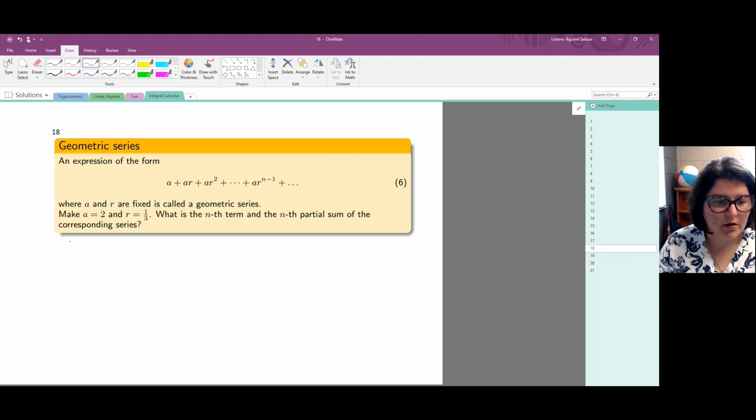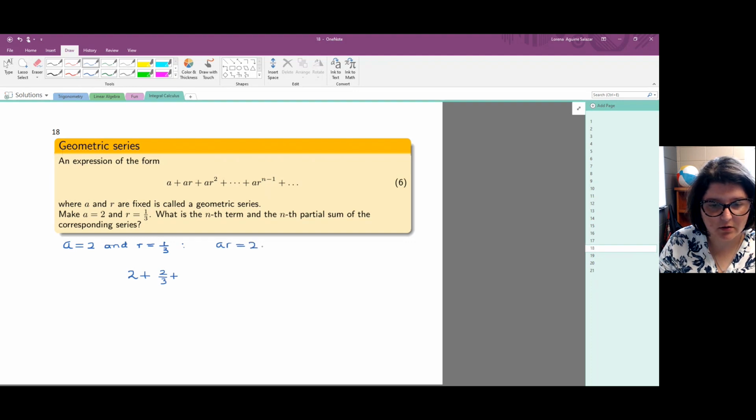So when a equals 2 and r equals 1/3, what we get is a, that's 2, plus a times r, that's 2 times 1/3, so 2/3, and then a times r squared. Let's write some things here.